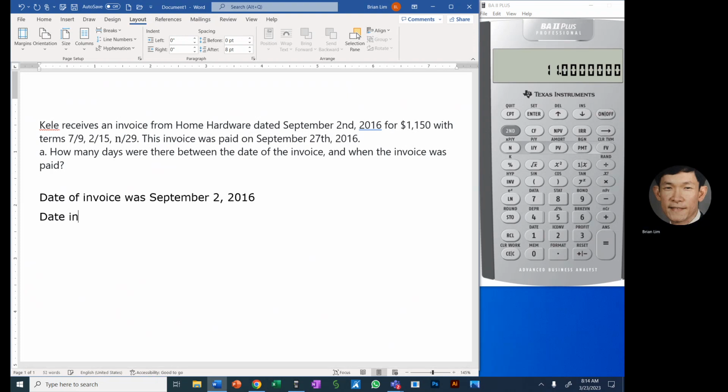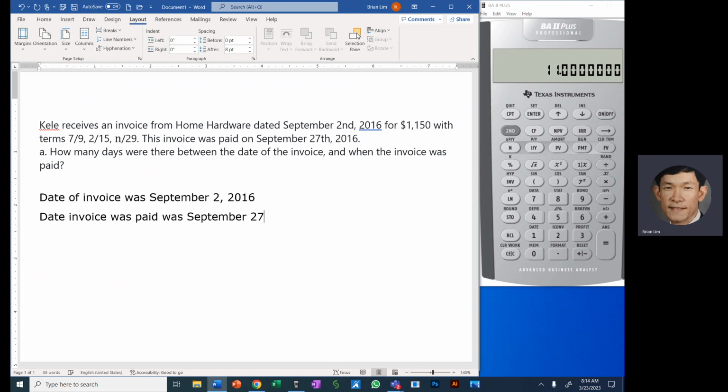So date invoice paid, maybe just to get rid of too many repetitions in there, was September the 27th, 2016. All right, so how many days were there between the date of the invoice and when the invoice was paid?